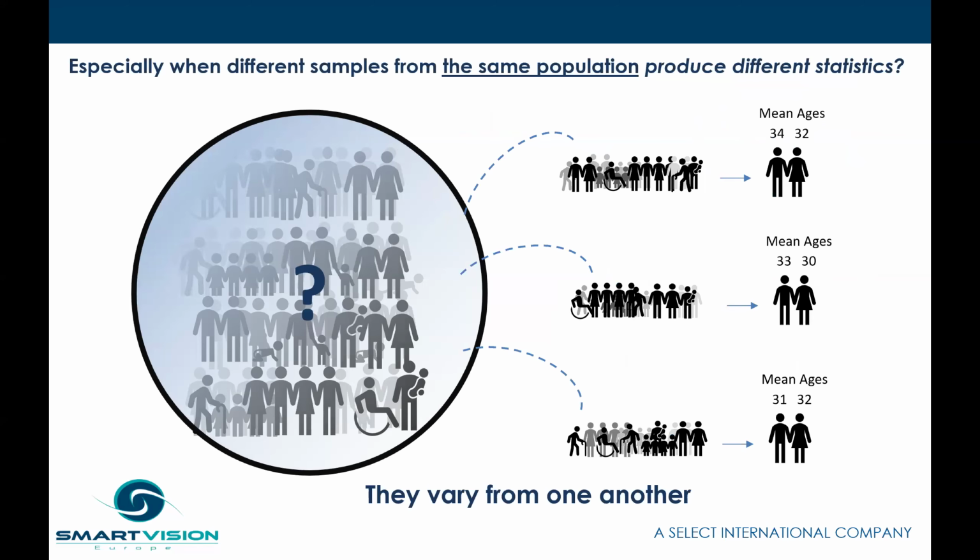How can we do this? Well, of course, we can take samples, and we can calculate these statistical values from them. And we understand, at least intuitively, that if we take repeated samples, the statistics themselves might vary slightly from one sample to the next.